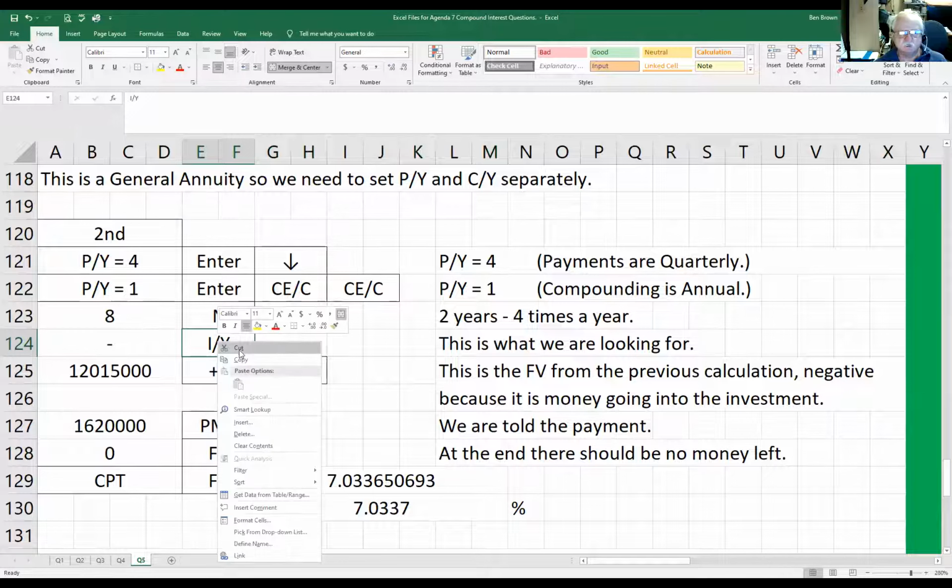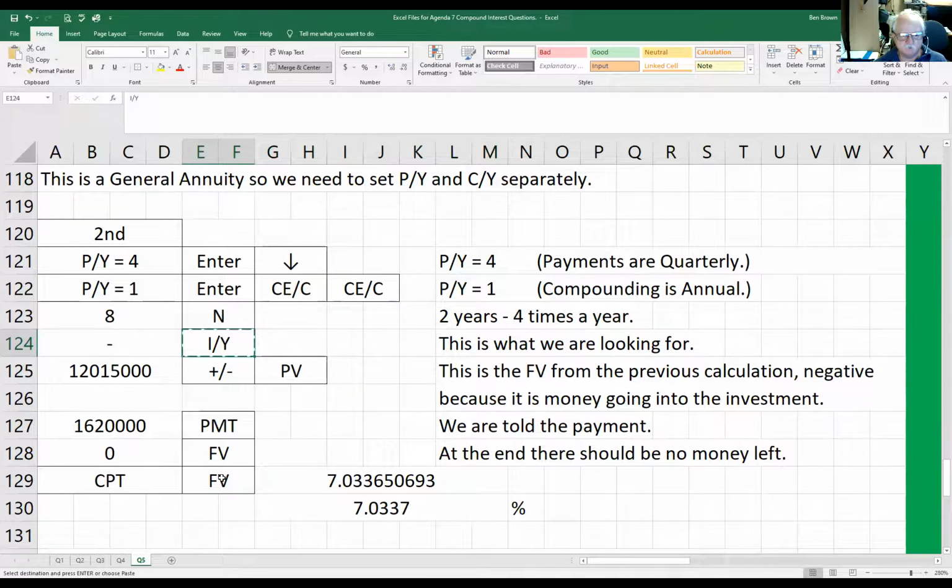So I should fix that down here, compute IY. The present value is the 12 million. I've made it negative. And we're told the payment is 1.62 million. And the future value is 0.